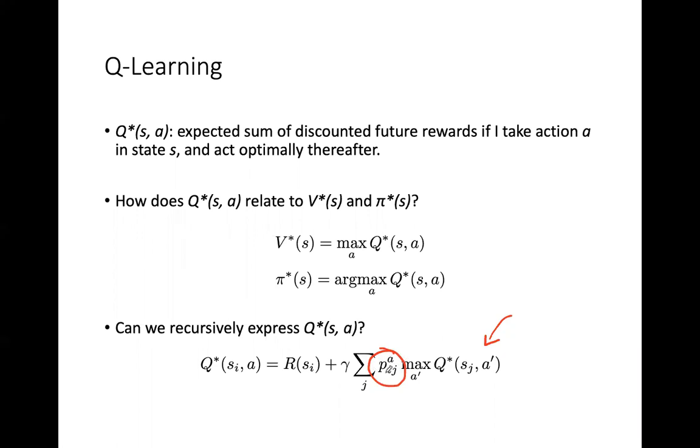Remember, we're now in a setting where we don't know how the world works, so we don't know what the contents of that transition matrix are. How do we do these updates, iteratively like we did for value iteration, when we don't know what these probabilities are?